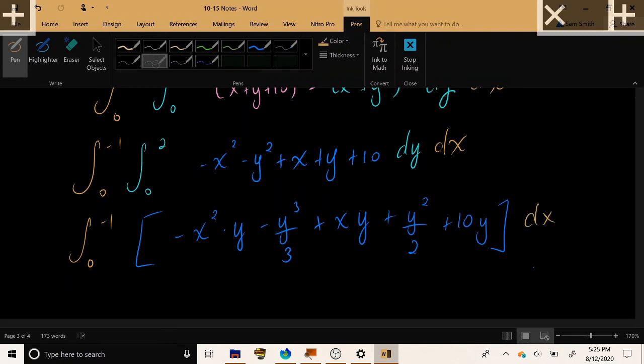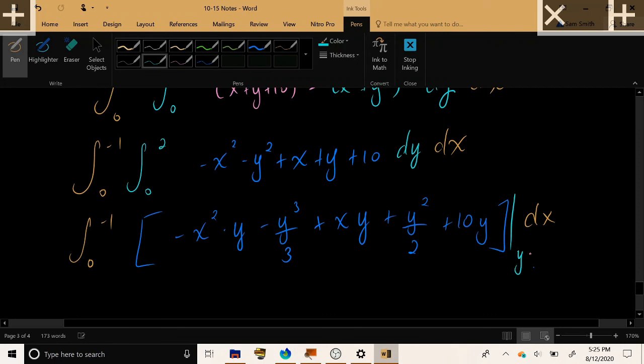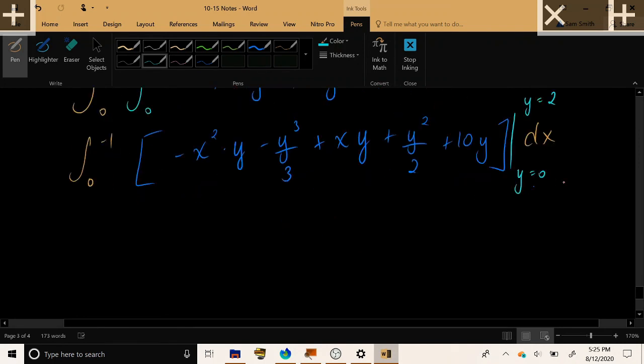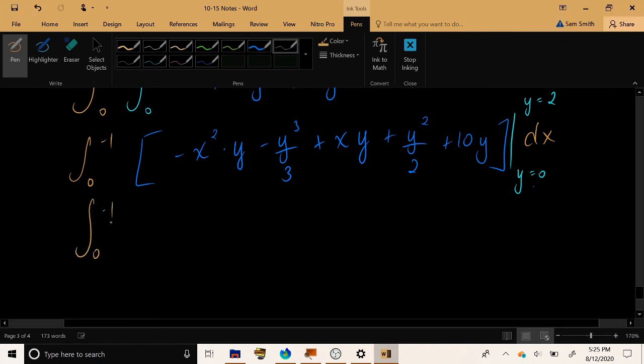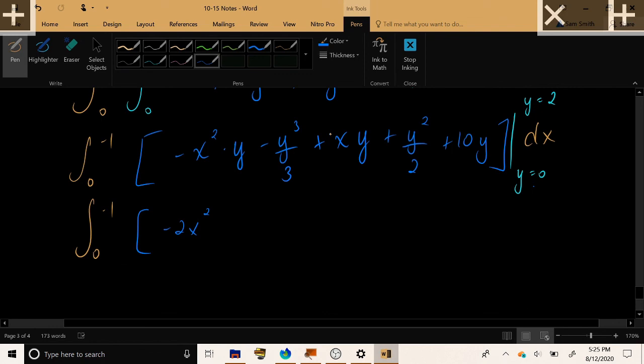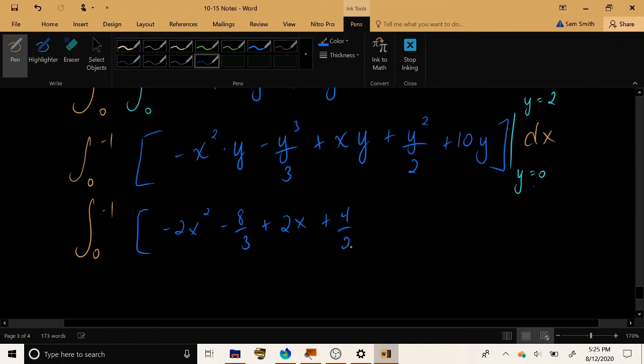And let's evaluate that from the limits y going from 0 to 2. So based on that, we now have the integral over x. Then replacing y with 2, we get negative 2x squared. Replacing y with 2, we get negative 8 thirds. Then plus 2x, and then plus 4 over 2, and then plus 20.